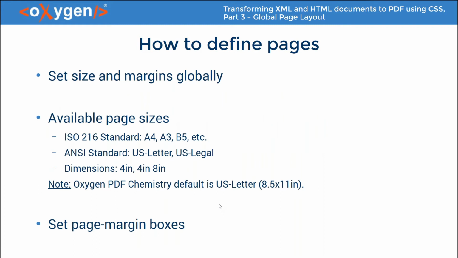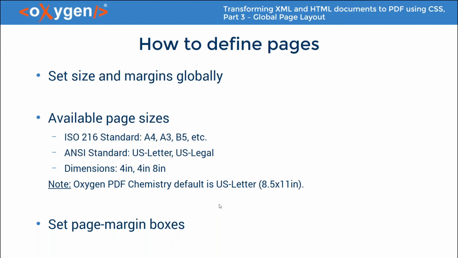Why do we want to define some pages? Because this way we can set sizes and margins. Usually it is set globally, because you want the whole content to be formatted on one type of page.